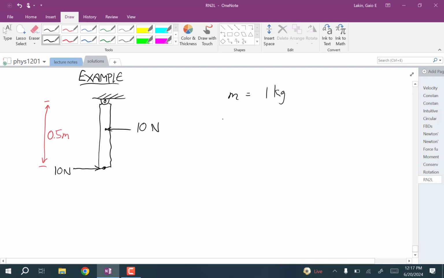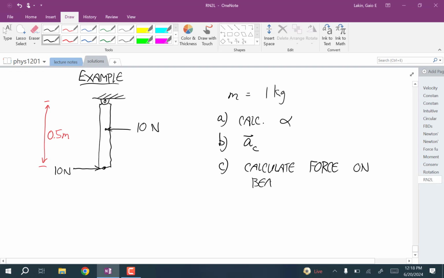And we want to calculate first the angular acceleration. Second, we want to calculate the acceleration of the center of that body. And then the last thing we're going to do is use our calculation for the acceleration of the center of mass, the center of this body, in Newton's second law to calculate the force applied to the beam by the pin.